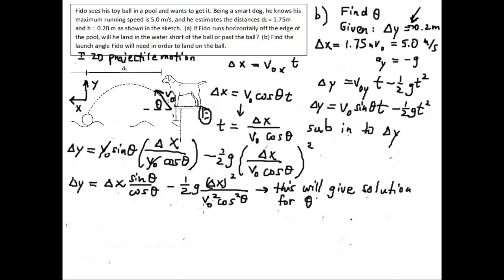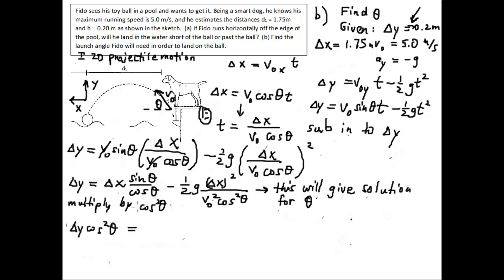So the way I'm going to do this is to multiply through by cosine squared theta. All right, so multiply both sides by cos squared theta. Why do I want to do this? I need to get the cosine term out of the denominator. So when I do this, the left-hand side becomes delta y cosine squared theta.